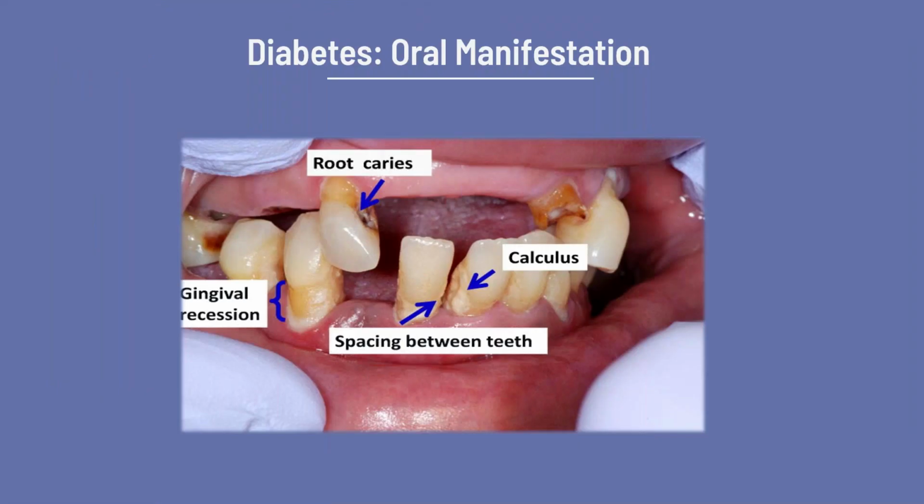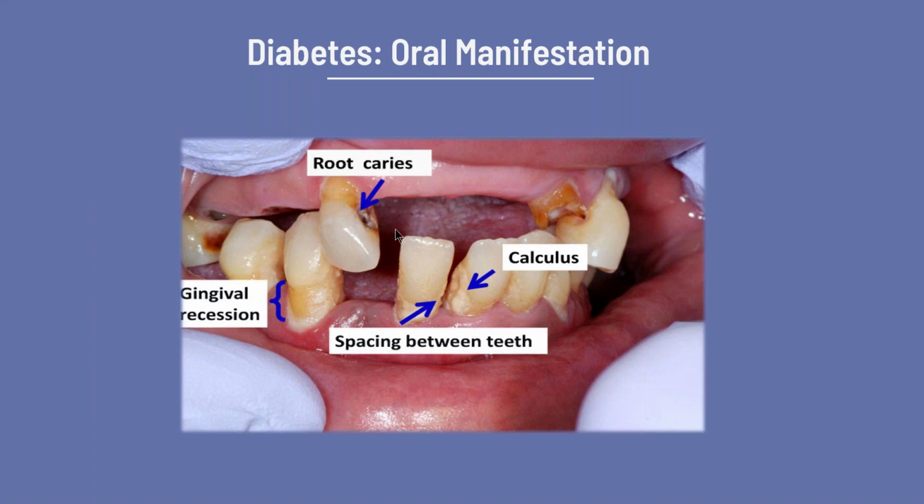Here in this picture, you can see that the black colored thing on the side surface of the tooth is the root caries, which is caused by the increased accumulation of bacteria on the tooth surface, which are attracted due to the high blood glucose levels.